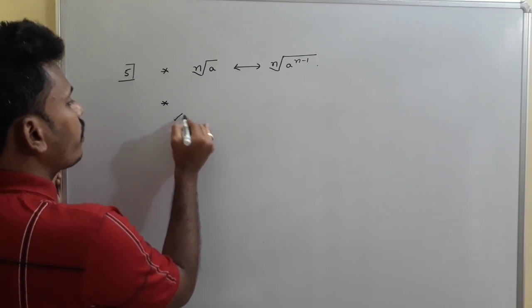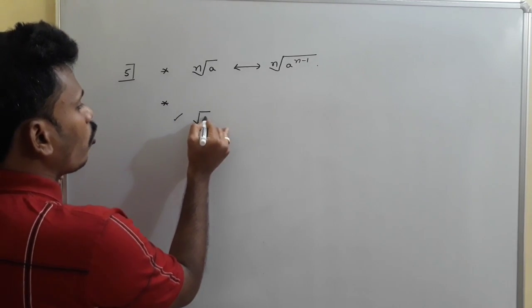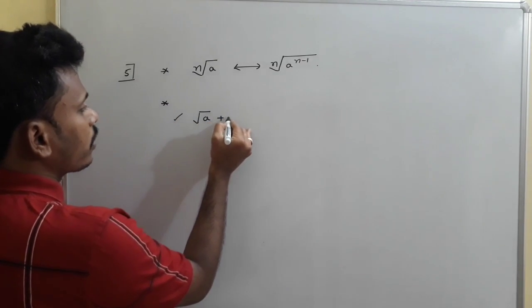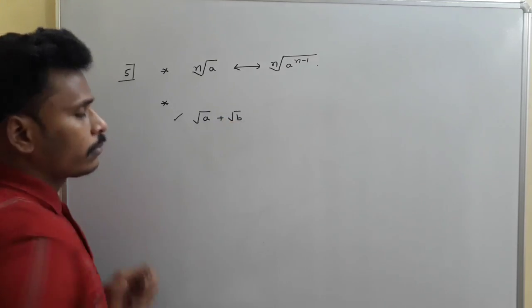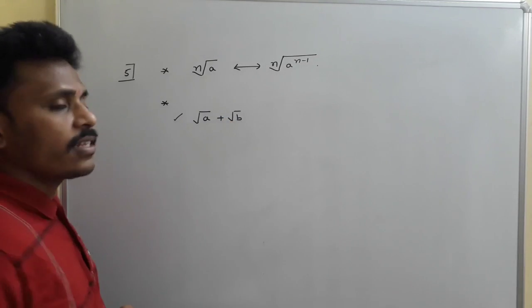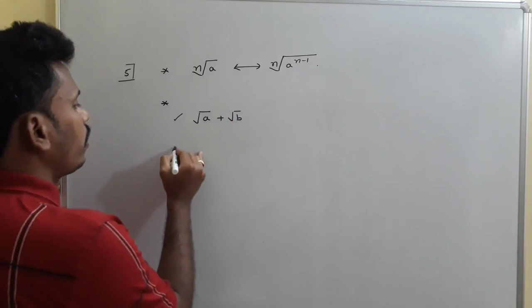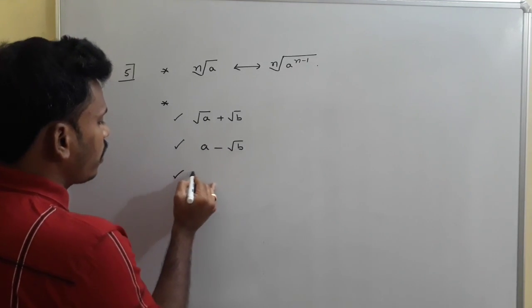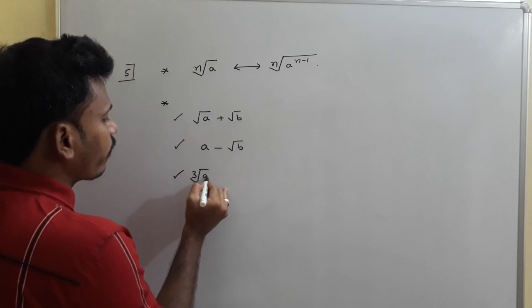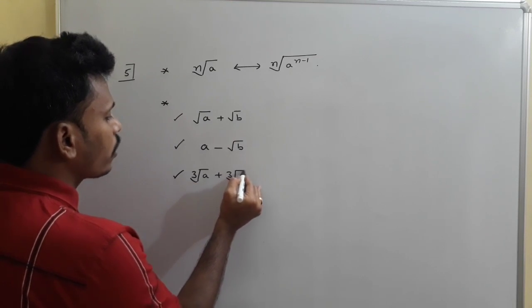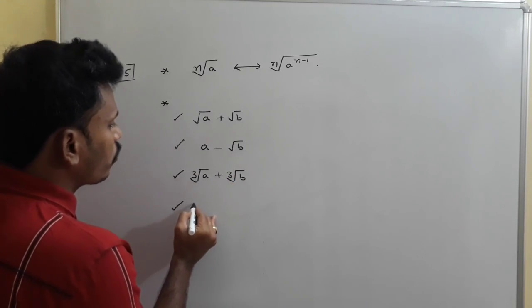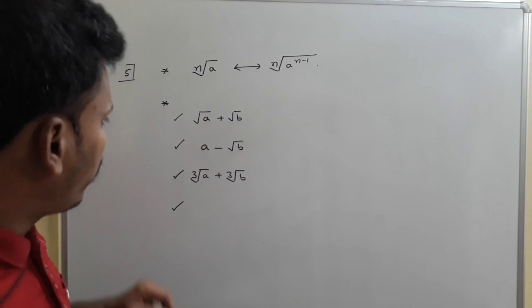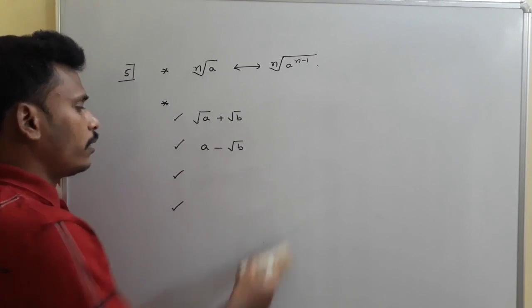Suppose I have a set of the form root a plus root b. What is the rationalizing factor for root a plus root b, and what is the rationalizing factor for root a minus root b? What is the rationalizing factor for cube root a plus cube root b? One more thing, I will mention fourth root here.